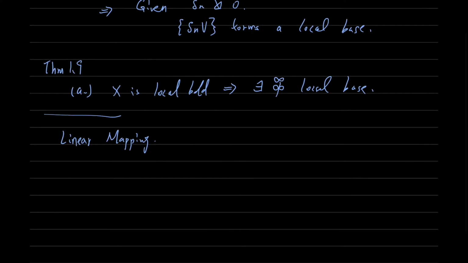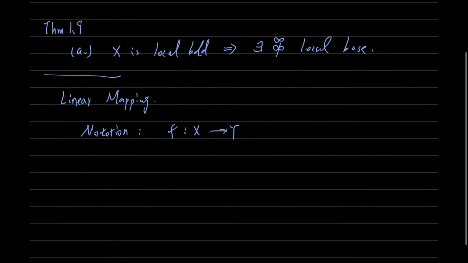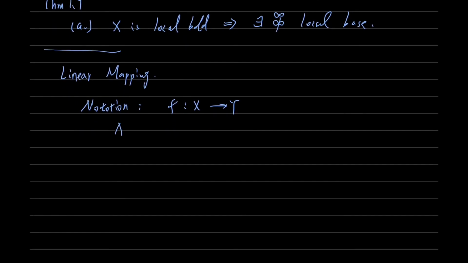The notation is similar to what we had before, or in calculus, where we denote a function like this, which stands for a function from X to Y. If A is a subset of X, then we have the image of A, denoted like this, and we have the pre-image of B, denoted like this.